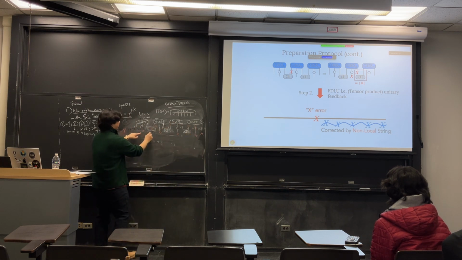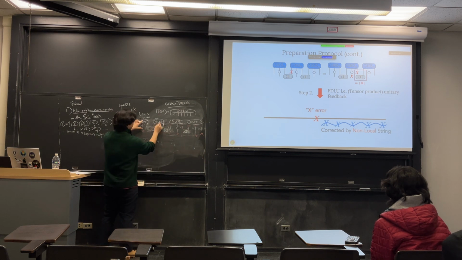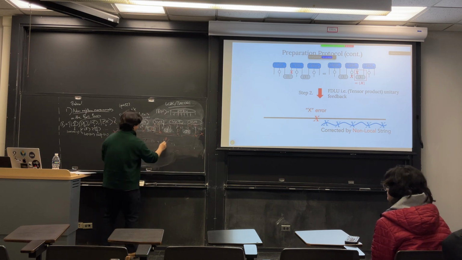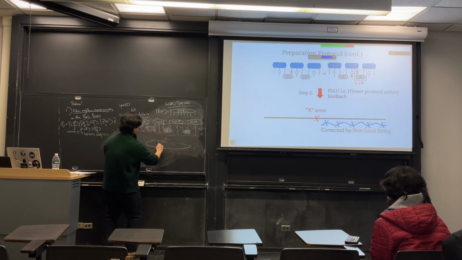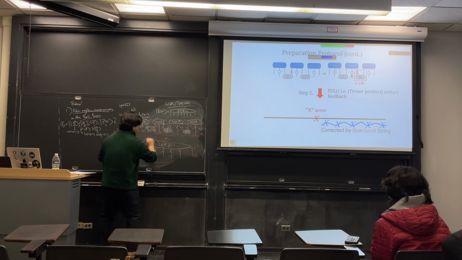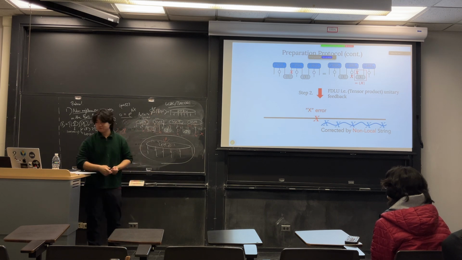If I just apply this onto each of these center qubits, then what you end up getting is this thing. You get a bigger GHZ, where you have 1, and then 3 and 4 disappear, 2, and so on. So you get this GHZ state, which is precisely what we wanted.